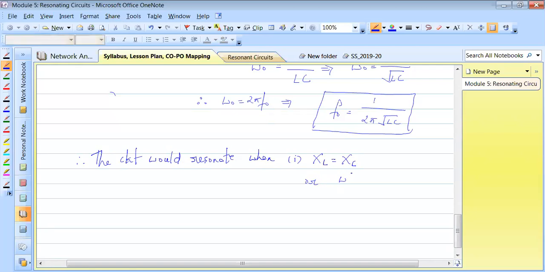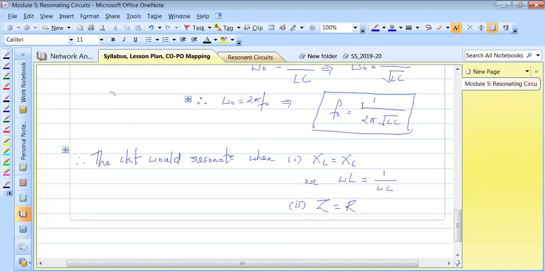We're just considering the magnitude. This is one condition. What is the second condition when the circuit resonates? The impedance of the series RLC circuit would become purely resistive. Understand that? So this is what is important. So we have seen the conditions at which the circuit resonates, and we have obtained the equation for the resonant frequency. Understand this? In the next class, we'll be seeing some more parameters.